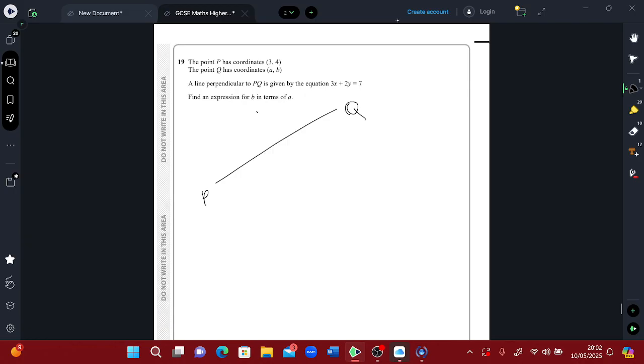So bear in mind, perpendicular means intersect at right angles, right? Meet at a right angle. So if two lines are perpendicular, they meet at a right angle. What that also means as a result is gradients are negative reciprocals of each other.